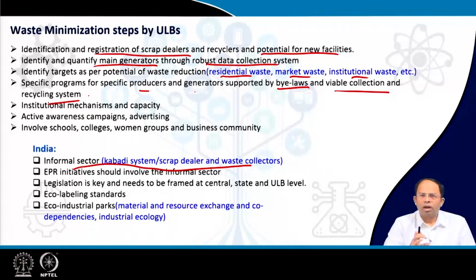Not everybody is suitable to do every kind of recycling. Similarly, not everybody will do it if there is no law. So for different generators and producers, we have to create different sets of laws or provide different infrastructure, so that recycling is facilitated and eventually we can reduce the amount of waste.